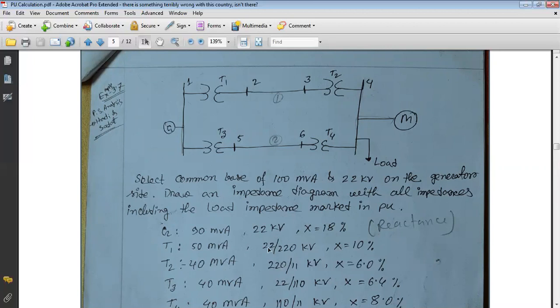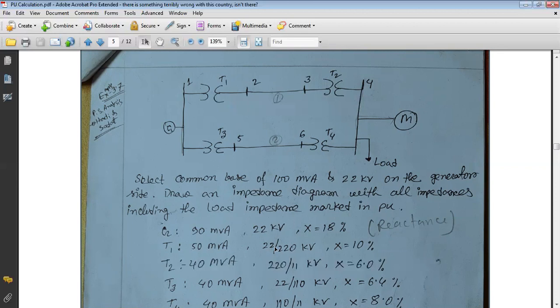So here 22 is the low voltage portion, which should be connected with the low voltage side of the transformer, and 220 kV should be connected with the high voltage side of the transformer. And this rating is given for T1. So here this is the T1 transformer.